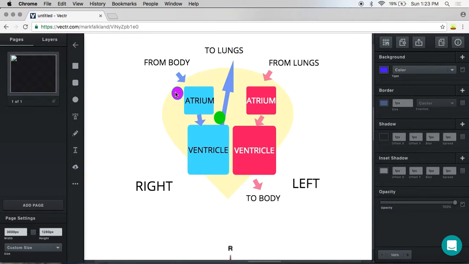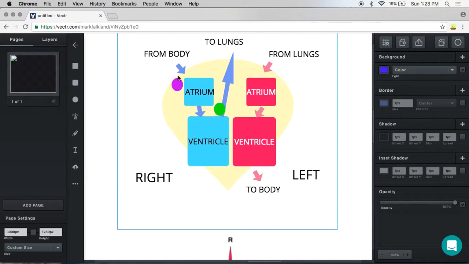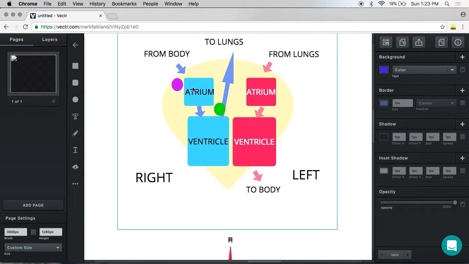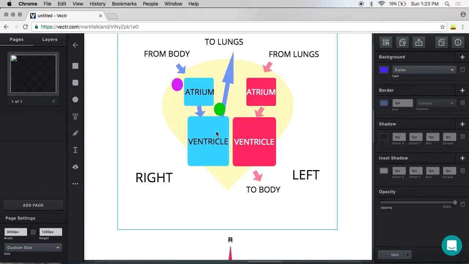So this is called the SA node, the sinoatrial node. And when it fires, basically it provides the electrical activity to make the atrium contract. And then it also activates this node here, the AV node. And when it fires, so it's a nerve, it makes the ventricles contract.